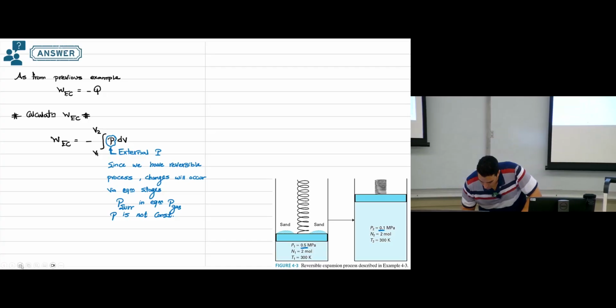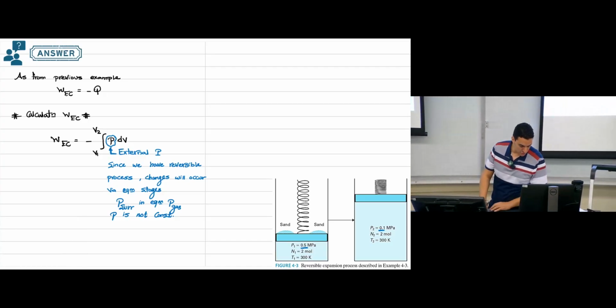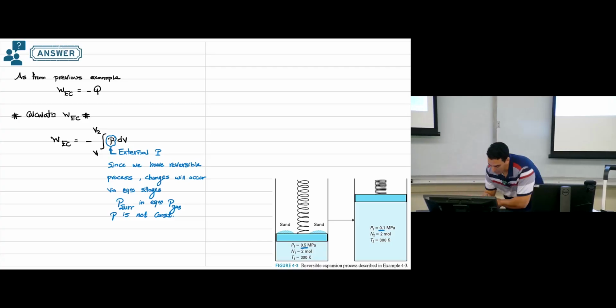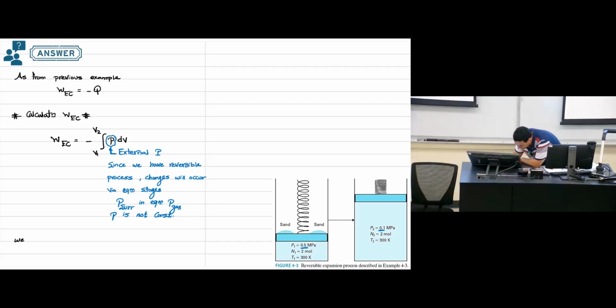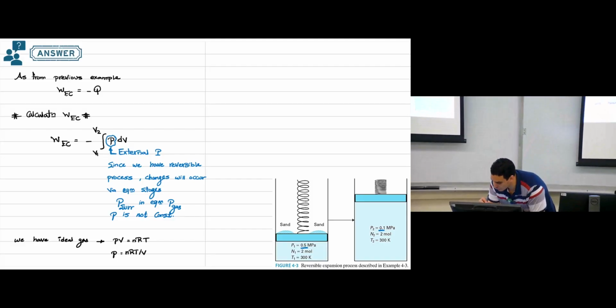Okay. So here, will the pressure change? What we need to do, again, we have ideal gas. So this means we have PV equals nRT, so pressure is nRT over V. This pressure we will substitute in the equation.